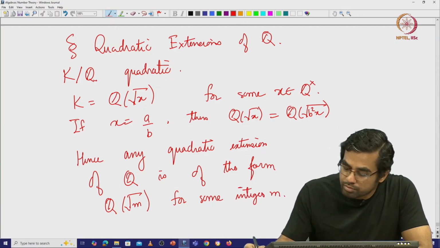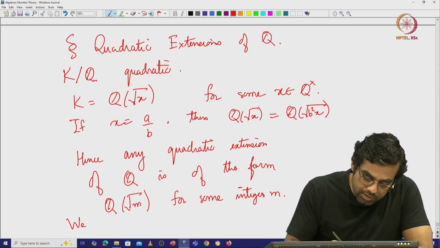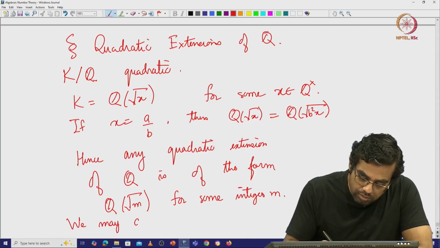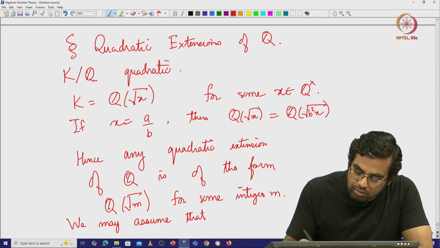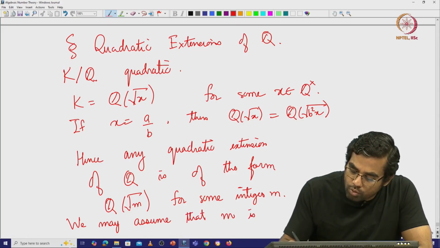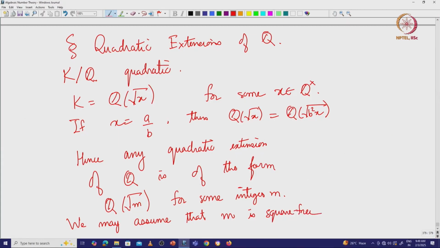Furthermore, we may assume that m is square free. What does that mean?